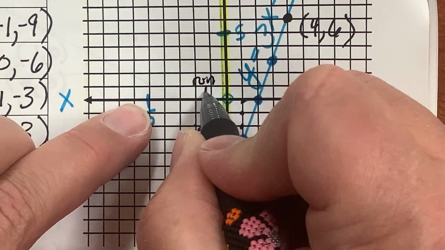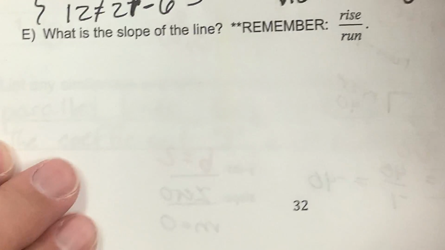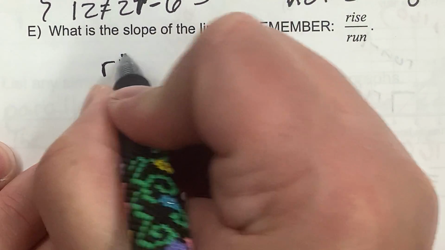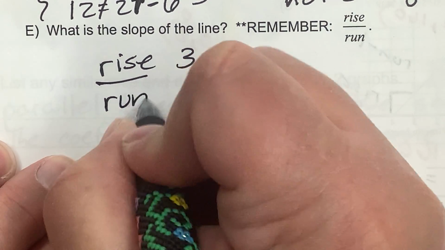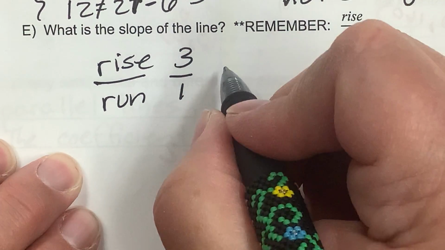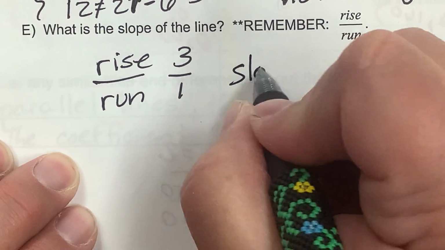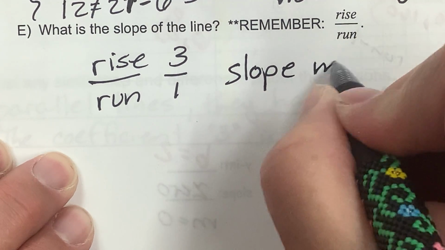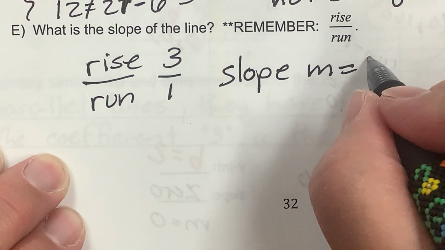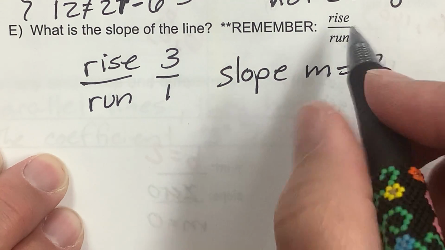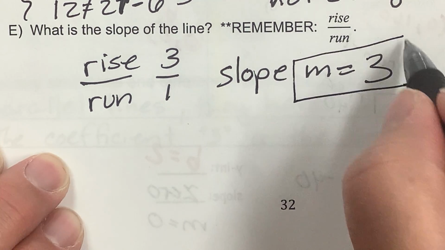Run is 1. Rise over run. So back down here, my rise is 3 over my run, 1. So my slope, m, equals 3 over 1, which reduces down to just 3. So my slope m is just 3.